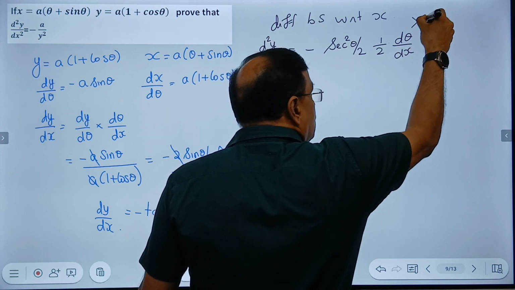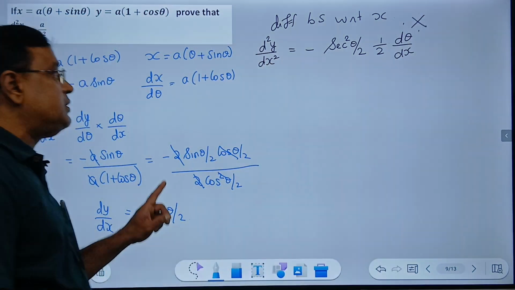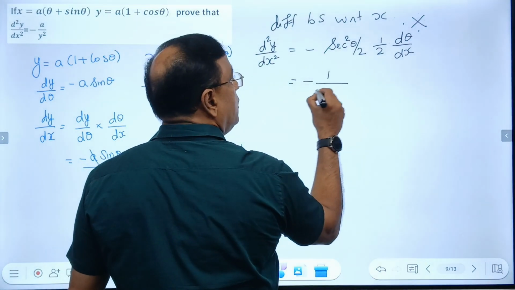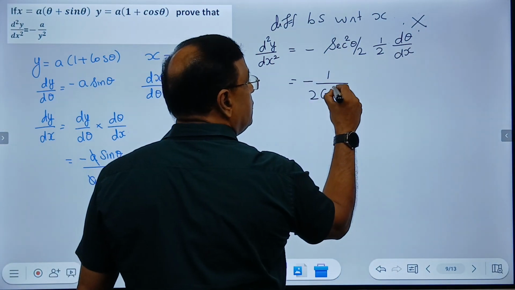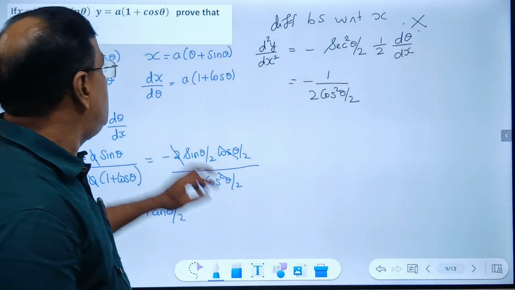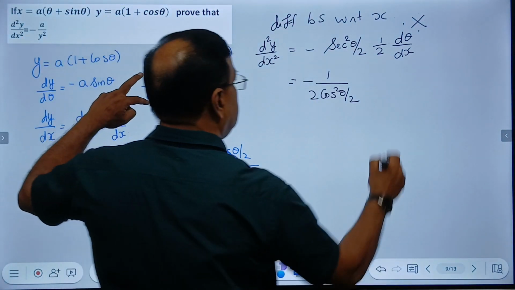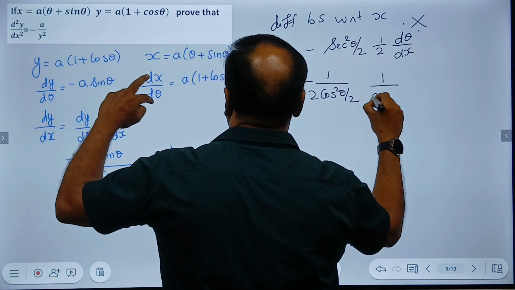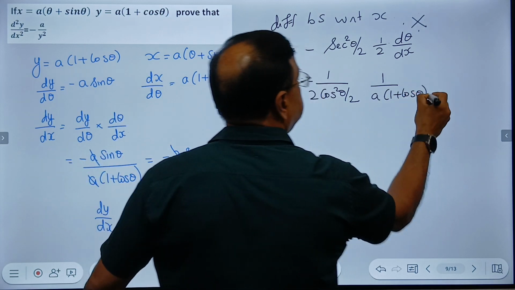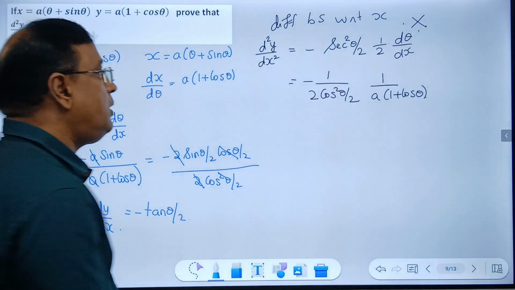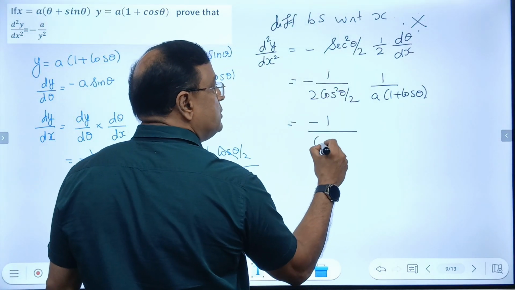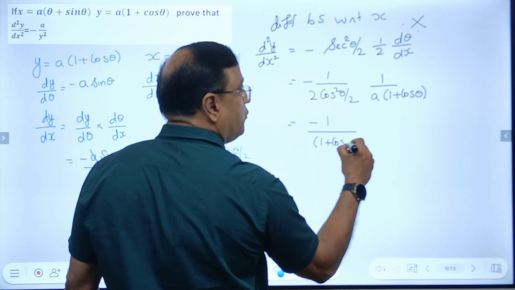Again I'm repeating, don't forget to differentiate theta with respect to x. So this is minus 1 by 2 cos square theta by 2. Why? Secant square is 1 by cos square. And what is d theta by dx? D theta by dx is 1 by a into 1 plus cos theta. Okay. Now what do I do? I'm going to use trigonometry again. 2 cos square theta by 2 is 1 plus cos theta. Formula.